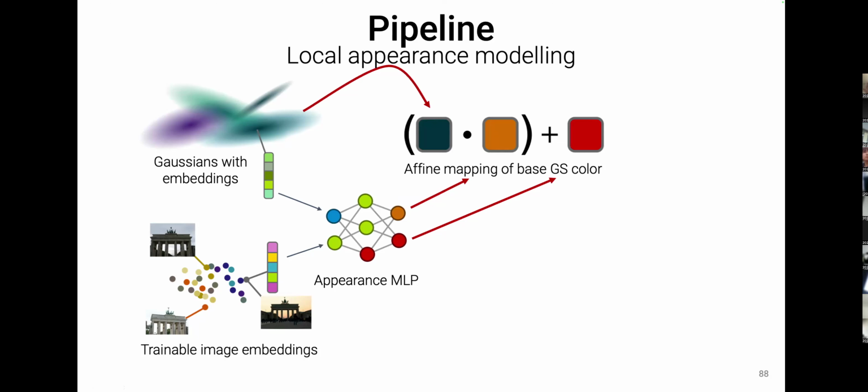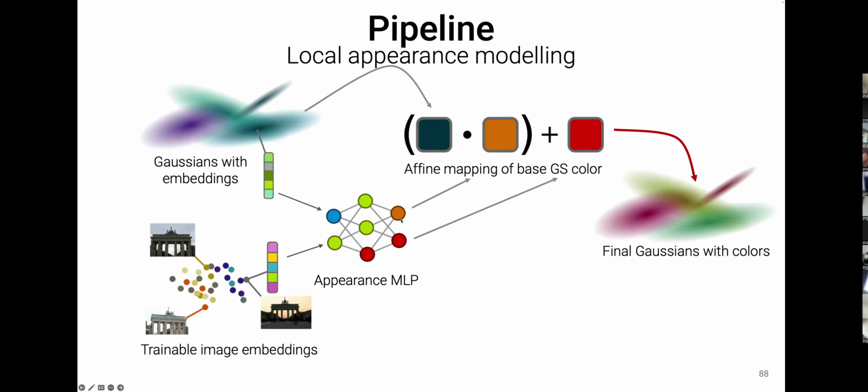So yeah, we try to produce this affine transformation, because it's very simple and we only need very few parameters to produce it. And then once you have that, for each of the Gaussians, you can take the base color and apply these affine colors together with it. And finally, we can have the Gaussians with appearance model color rasterized using 3D-GS.